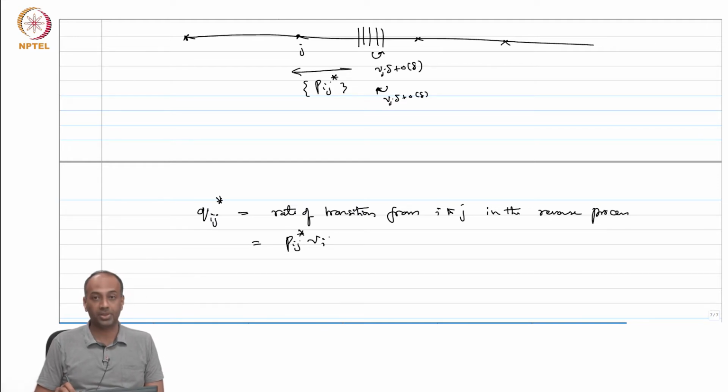You are holding in i for nu i duration and then jumping to some state j.